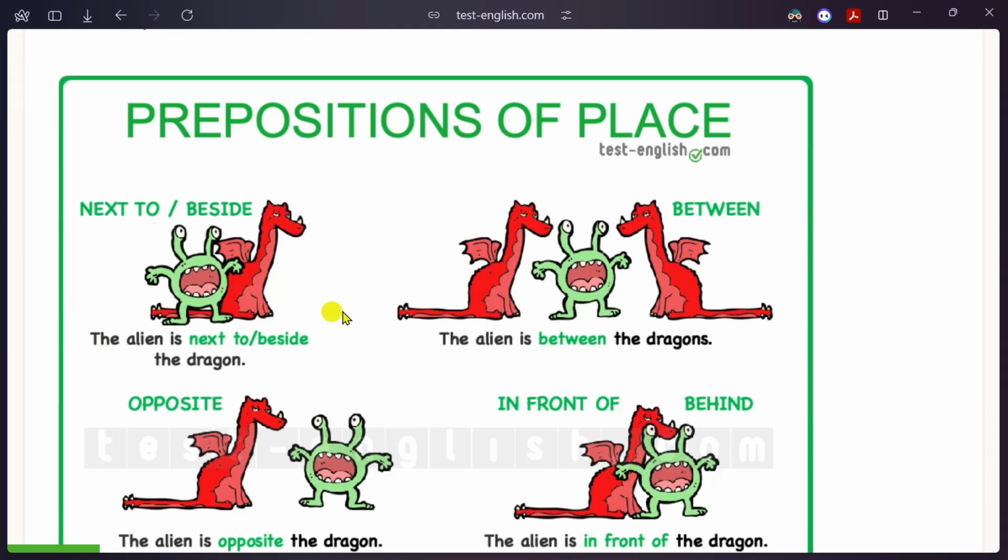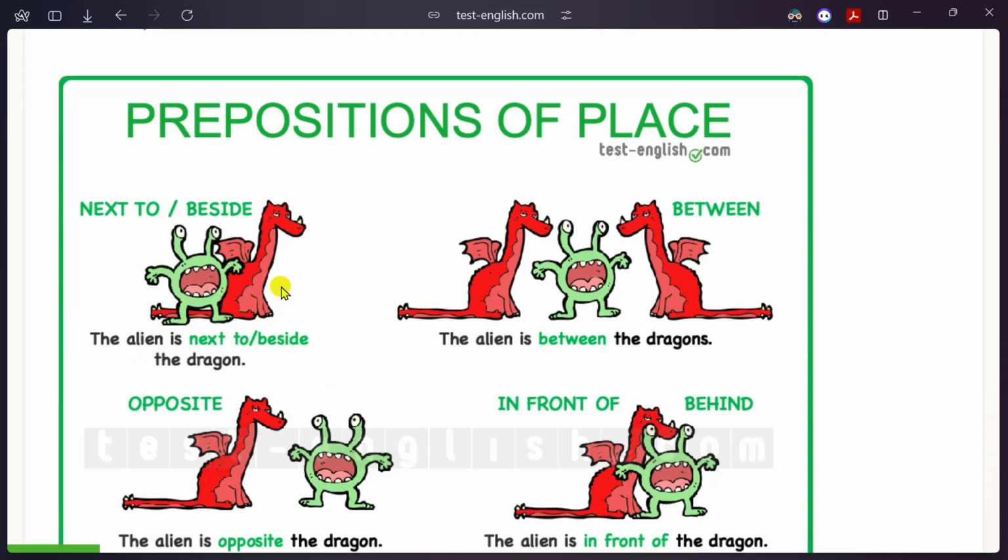So this is a bit of a Western dragon, you see? So next to, just beside. No other way of saying it, right? Just next to, okay? So the alien is next to the dragon, or the alien is beside the dragon.